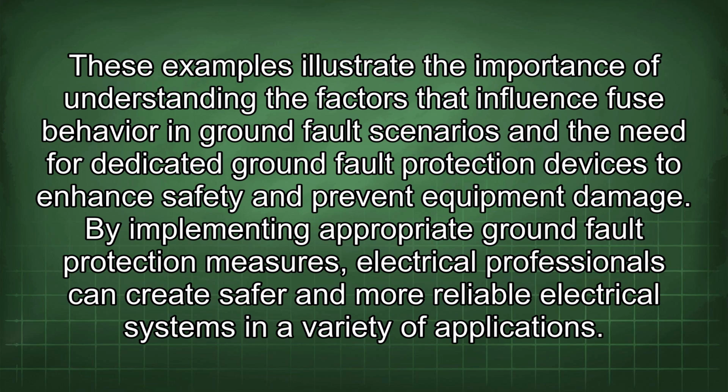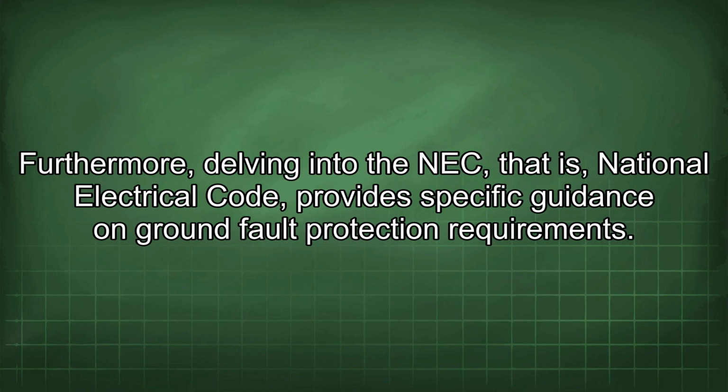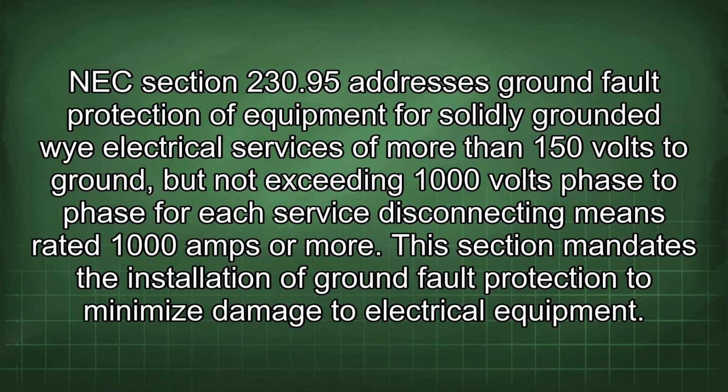of applications. Furthermore, delving into the NEC, that is, National Electrical Code, provides specific guidance on ground fault protection requirements. NEC Section 230.95 addresses ground fault protection of equipment for solidly grounded wye electrical services of more than 150 volts to ground, but not exceeding 1000 volts phase to phase for each service disconnecting means rated 1000 amps or more.